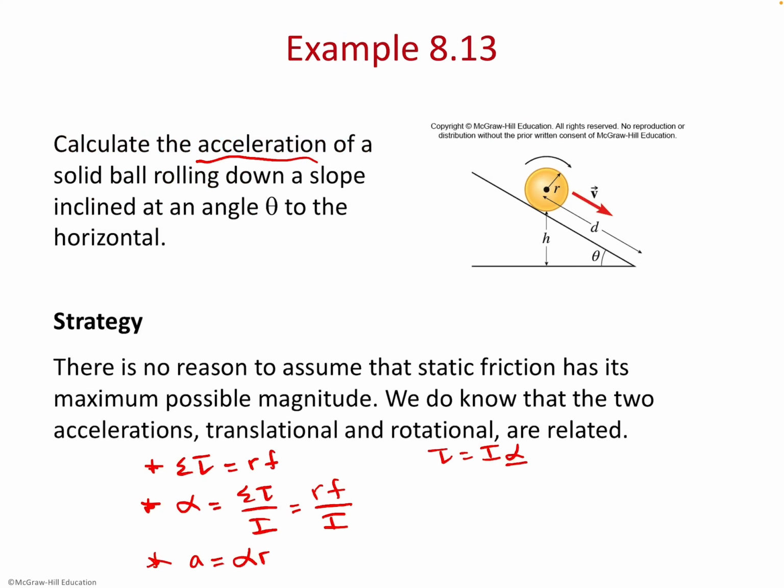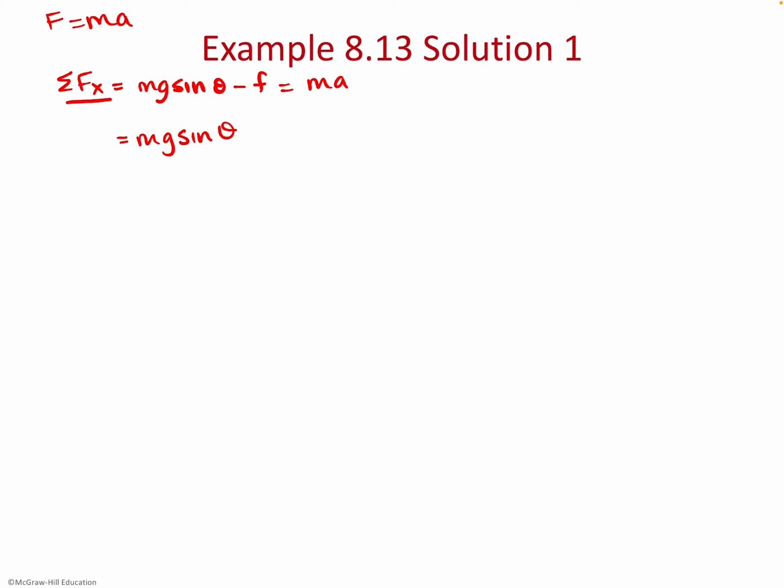If I go back to this equation and solve for friction, I'm multiplying angular acceleration times moment of inertia over here, dividing by radius to solve for friction. Okay, so minus that.